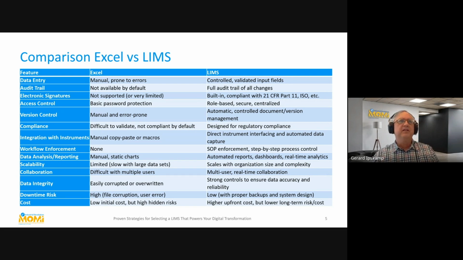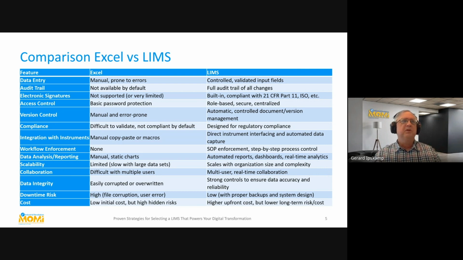Or things like version control. Whenever I do an assessment or a type of audit in the laboratory, I ask, a month ago, was it the same Excel? People don't know. You cannot see or find out easily what the Excel version was at that moment. With a LIMS system, it's way better.